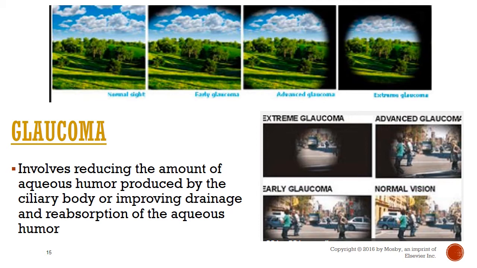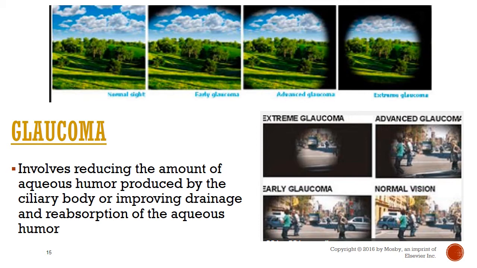But what happens in a nutshell basically is that the fluid in the eye, there's a problem with it draining, and it's either because of a blockage or it's because of some kind of trauma to the eye, and it causes too much intraocular pressure to go into the inside of the eye.